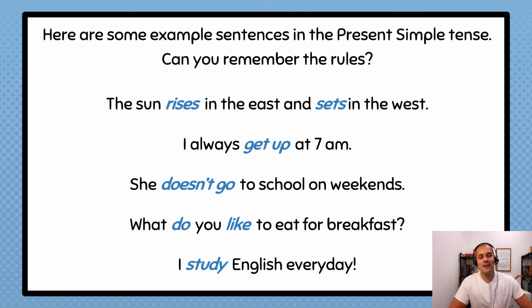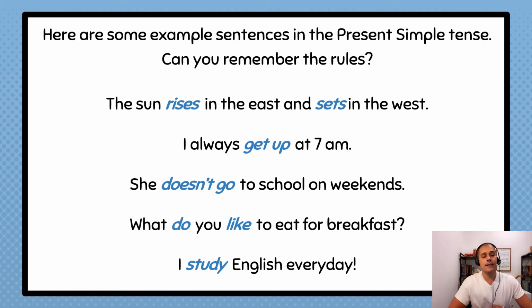All right, so here we can see that we have an example with the third person, so that's why we have the s at the end of the verbs. In the second, we have I as the subject of this sentence. So I always get up at 7 a.m. Notice that we have a very special word here that is always.